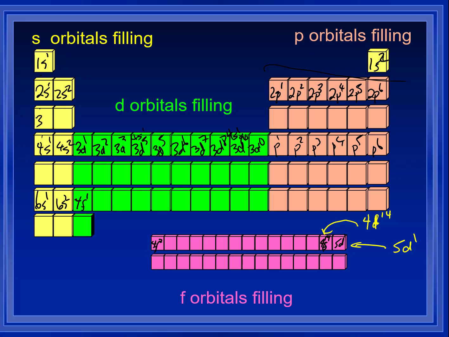Okay, so this should make it easier, because if you can use this, you can know where to stop. So if I asked you to write the electron configuration for, say, something bizarre like platinum. Okay. So platinum's right here. So that is 1, 2, 3, 4, 5, 6, 7, 8. Okay, it's 8 over.